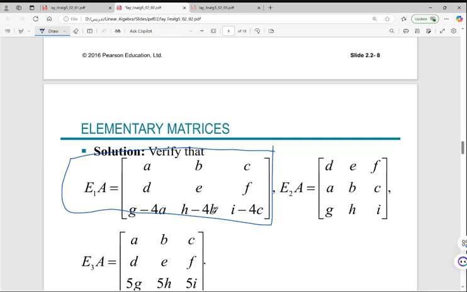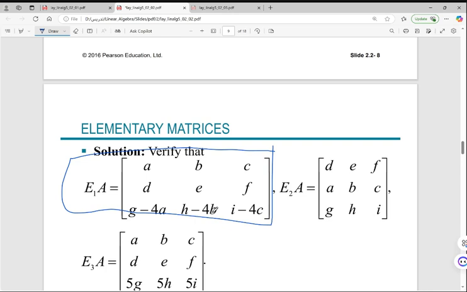E1A is obtained from A by row replacement, in which the third row is replaced by the sum of the third row and minus 4 times the first row. This is exactly what is done in E1.